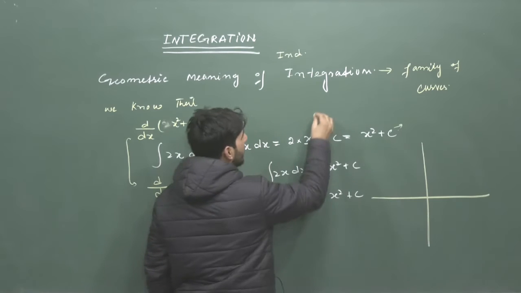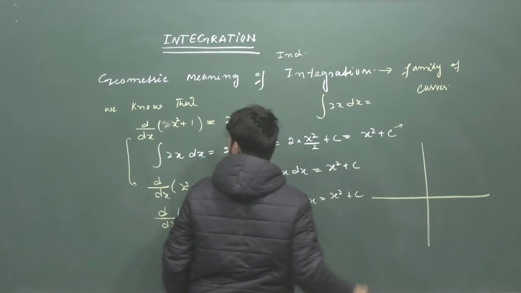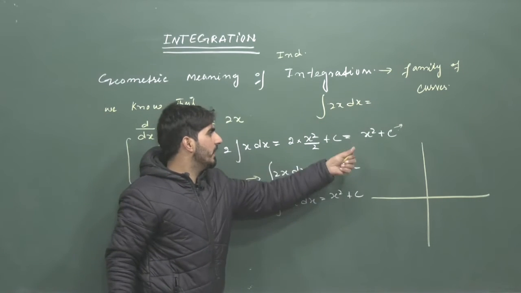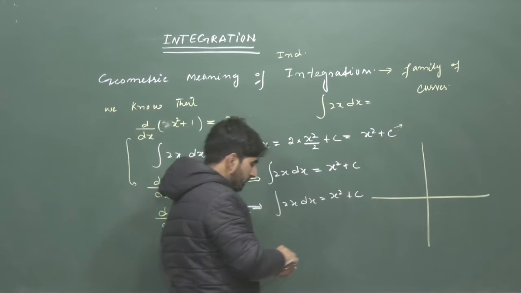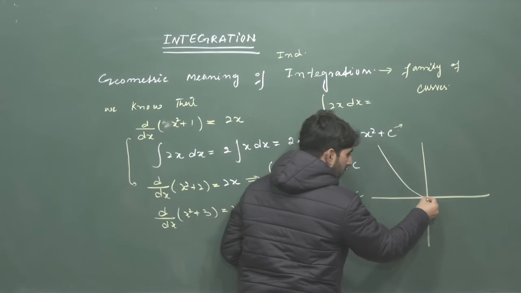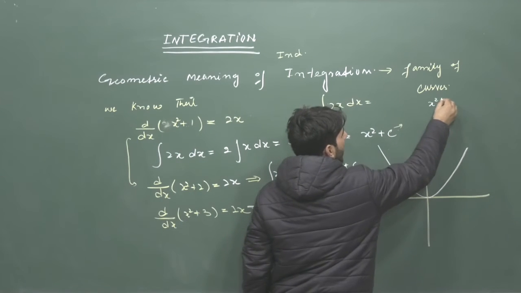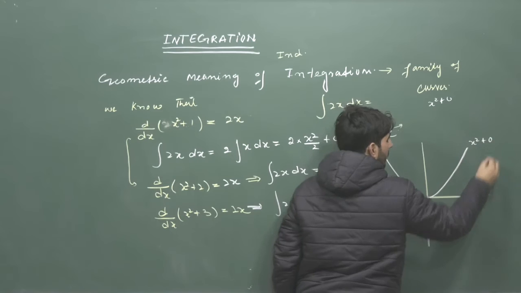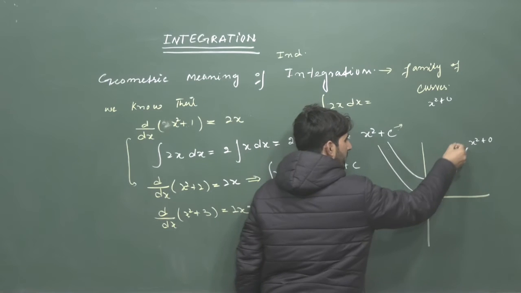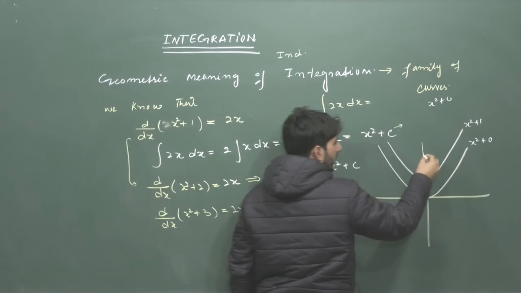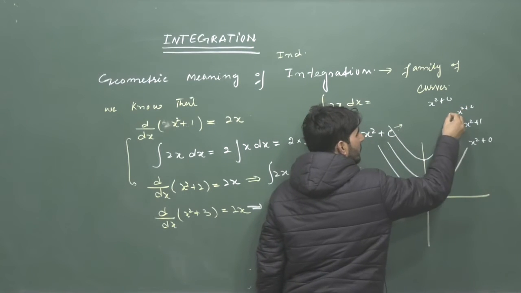So what is the geometrical meaning of integration of 2x dx? Actually, the graph of the integral of 2x dx will be x square plus c. It may be x square plus 0, x square plus 1, x square plus 2, and so on.